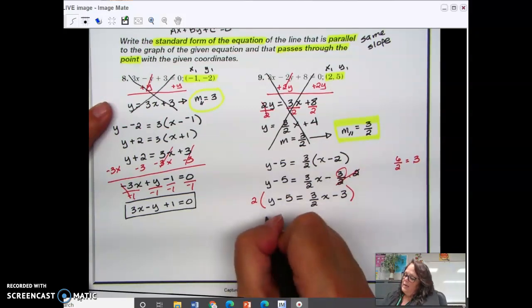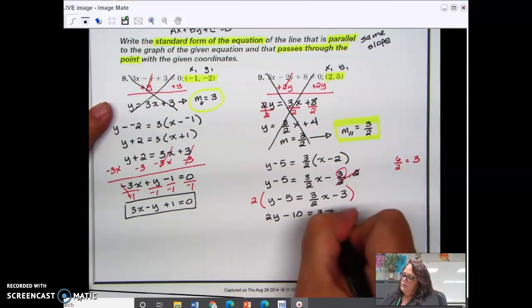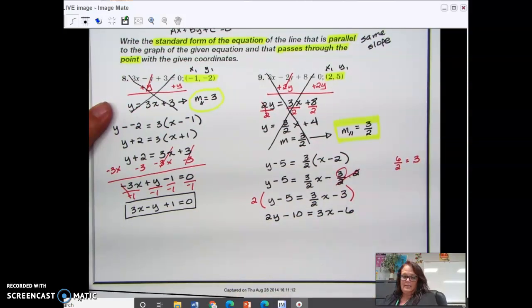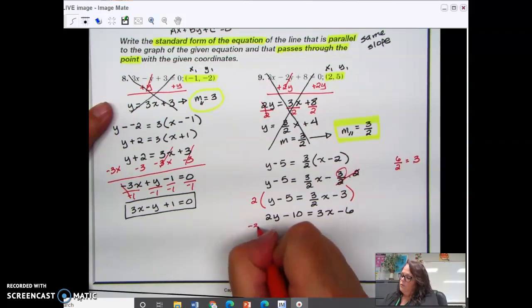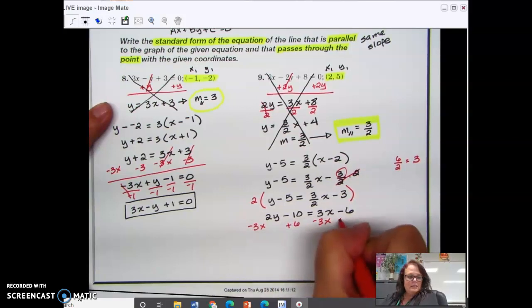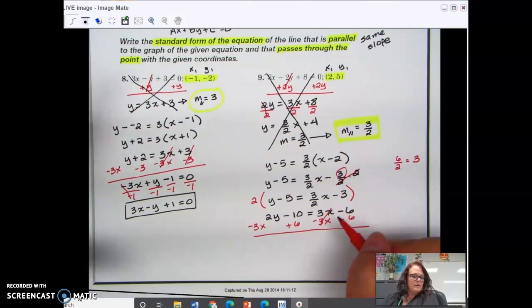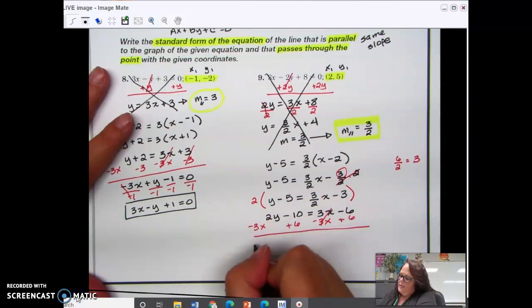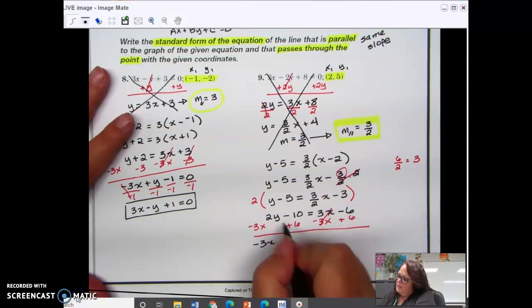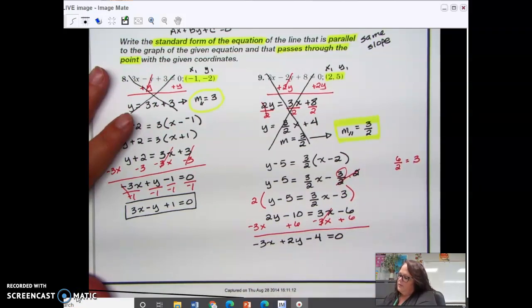So when I do that, I get 2y minus 10 is equal to 3x minus 6. And then I'm going to start moving everything over. So I'm going to move over the 3x, and then I'm going to move over the 6. So we get negative 3x plus 2y minus 4 is equal to 0.